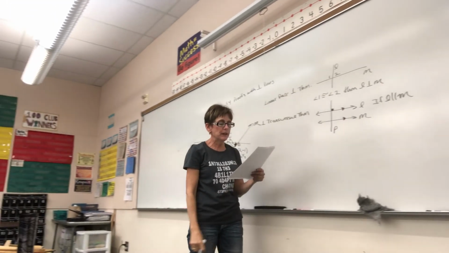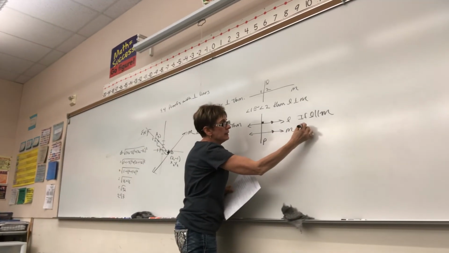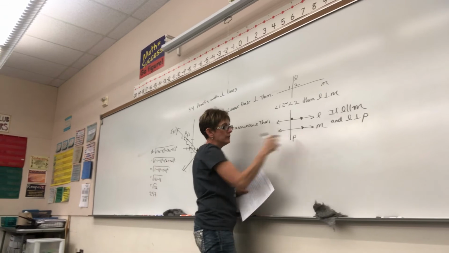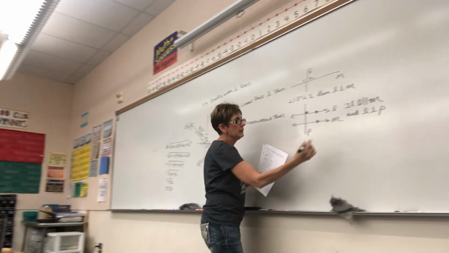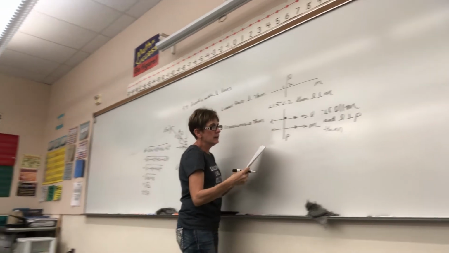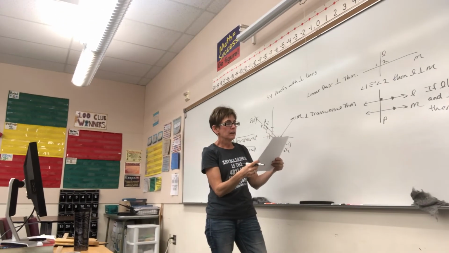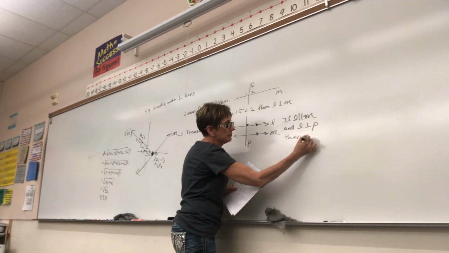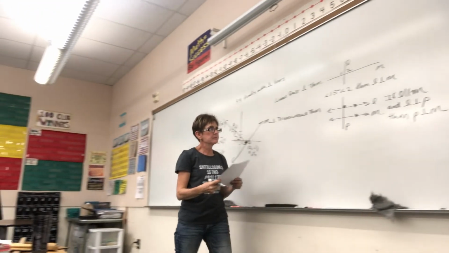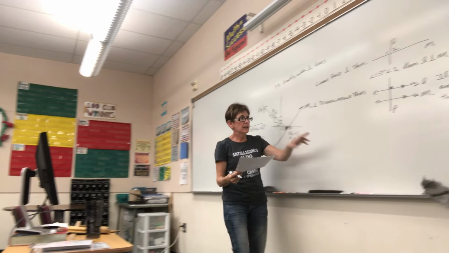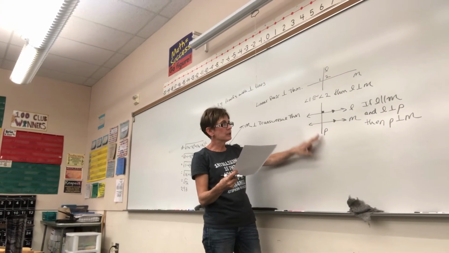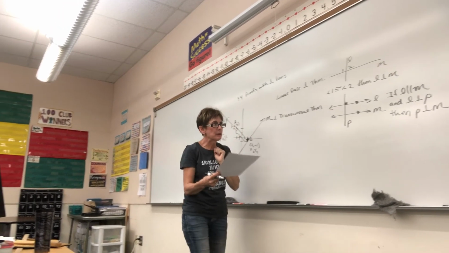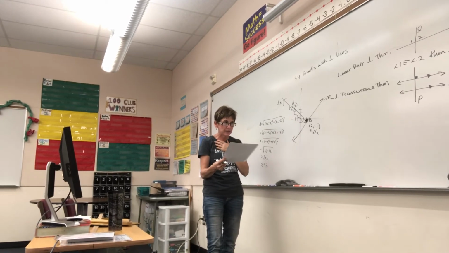So if those two lines are parallel, and L is perpendicular to P, so here L is perpendicular to P, then we also know that P is perpendicular to M. Okay, so if a transversal, that's line P, is perpendicular to one of two parallel lines, that's L, then it is also going to be perpendicular to the other one. So P would be perpendicular to M.